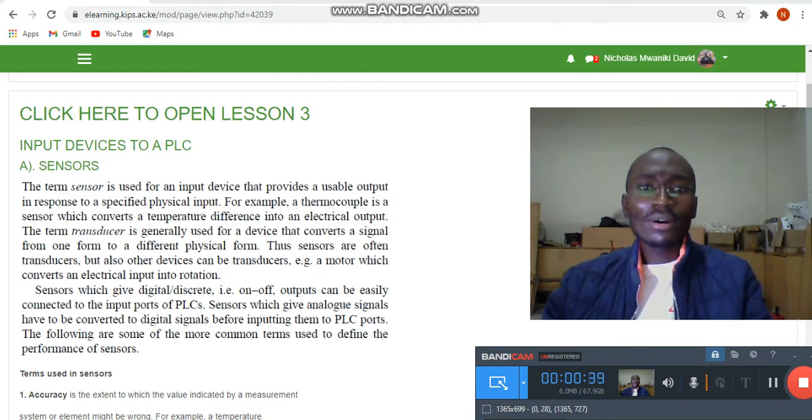For example, a thermocouple is a sensor which converts a temperature difference into an electrical output.